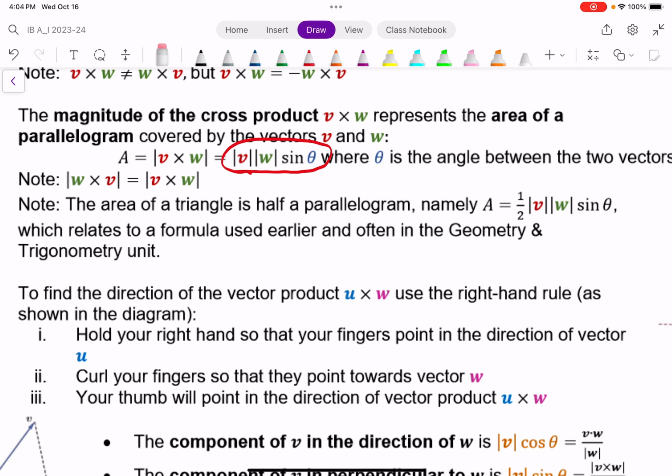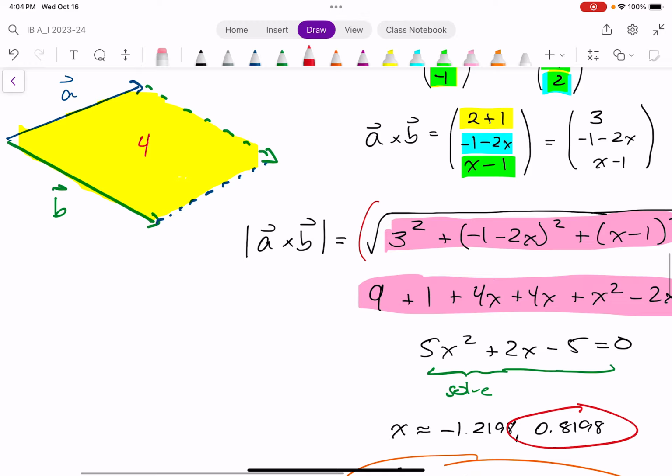I'm going to take that equation, and if I solve for sine, divide both sides by this, I get sine theta equals this over this. So let me write that down a little more neatly.